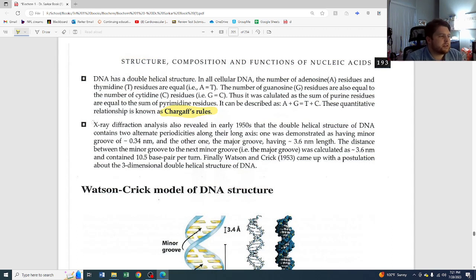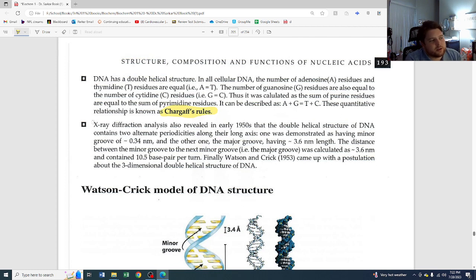X-ray diffraction analysis also revealed in the early 1950s that the double helical structure of DNA contains two alternate periodicities along their long axis. One was demonstrated as having a minor groove of 0.34 nanometers, and the other one, the major groove, having 3.6 nanometers in length.